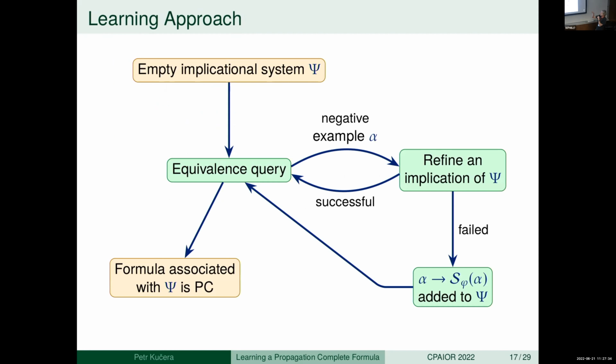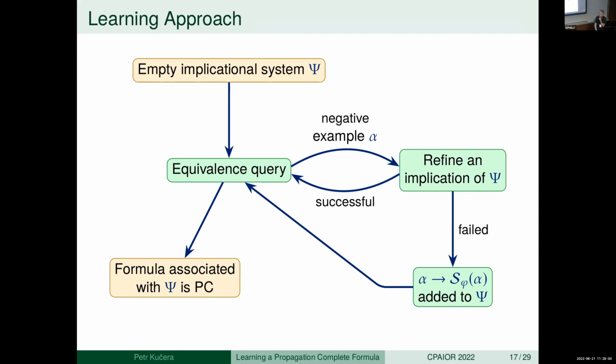The learning algorithm uses the following approach. It starts with an empty implicational system and asks an equivalence query. If a negative example is found, it tries to use it for refinement. If refinement is successful, it asks again an equivalence query. Otherwise, the implication is added to the formula psi.